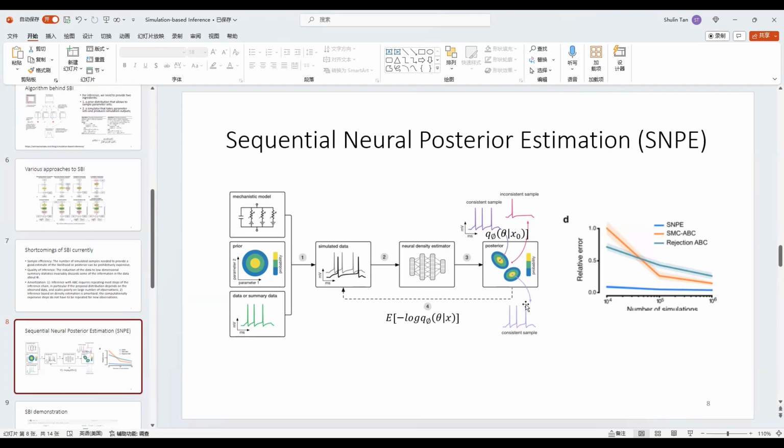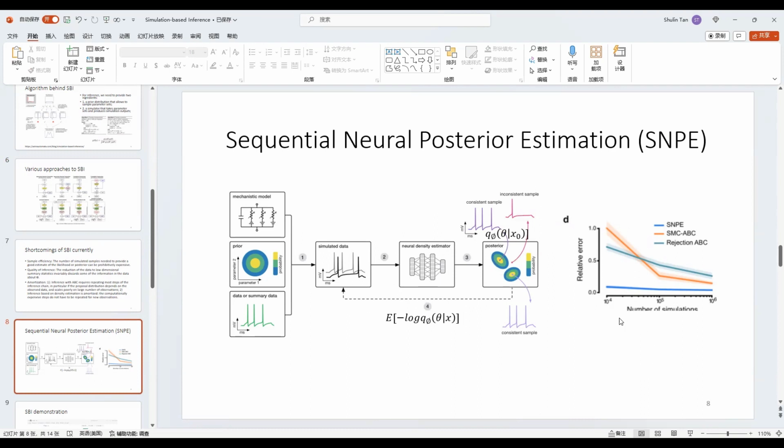Afterwards you can estimate how my parameters will be given the current observation of x0.